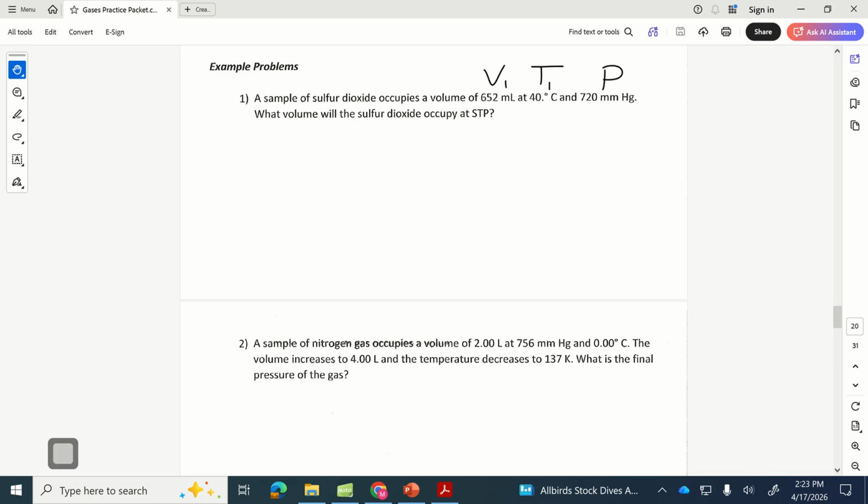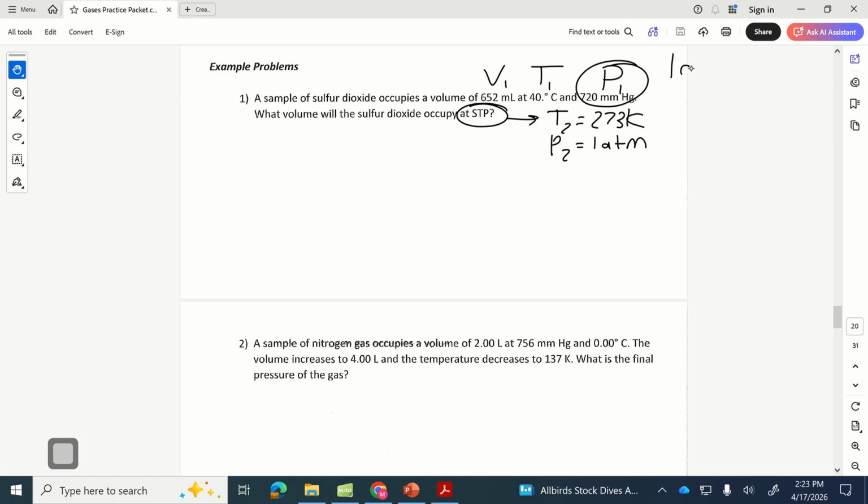That would be 1, 1, 1. And it says we're changing it to STP, which means T2 is equal to 273 Kelvin, and P2 is equal to 1 ATM. Because I'm in ATM and Kelvin, I need to adjust at least this pressure for the 720 millimeters of mercury.